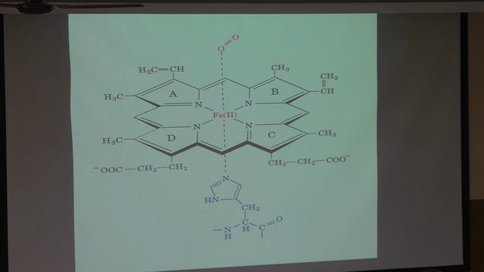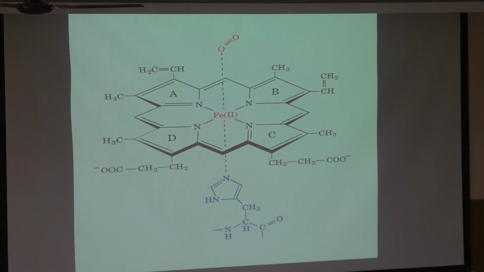But just as an overview, now iron has how many valencies? 6 valencies. If it is ferrous, meaning reduced form, it has 6 valencies. So how are the 6 valencies occupied?